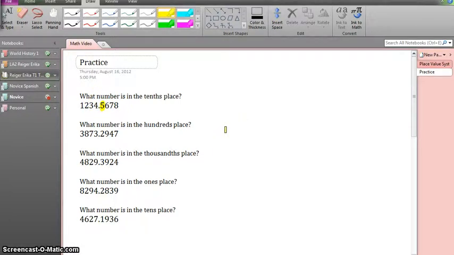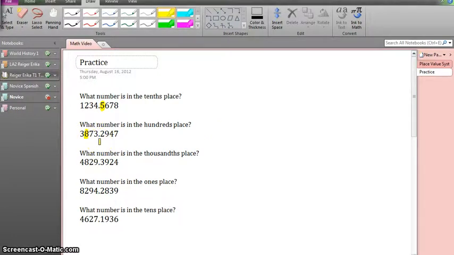What number is in the hundredths place? In the hundredths place, we have the 8. That's because when you count to the left of the decimal, you count ones, tens, hundreds. So the hundreds would be the 8.